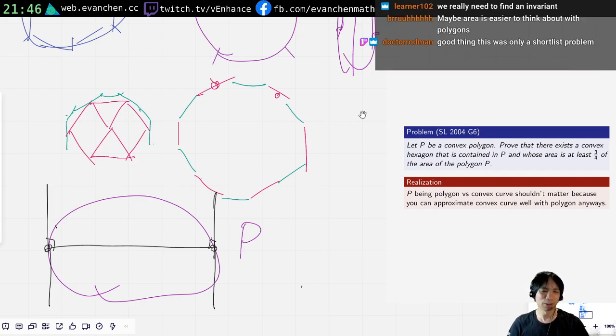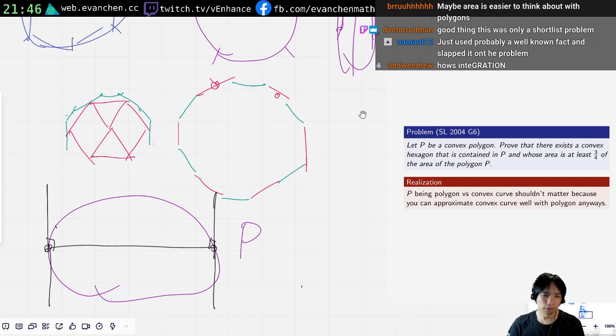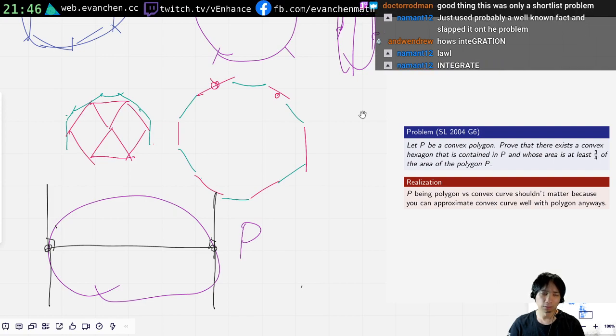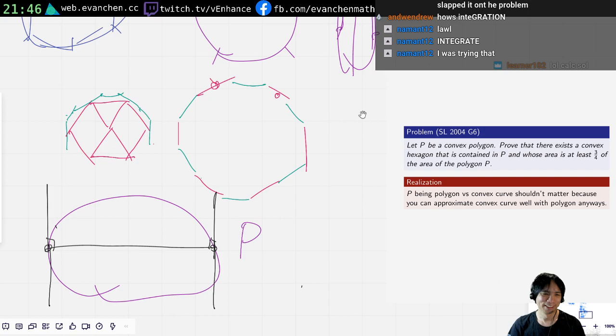Yeah, area does seem easier to think about with polygons. I guess if I want to use a generic convex curve and still have an area argument that's reasonably integrable, I considered this briefly and was like, no way, right? But maybe.